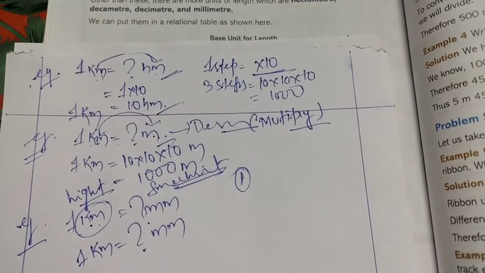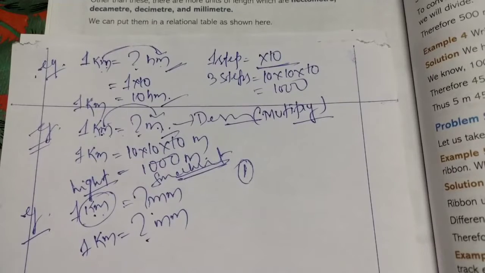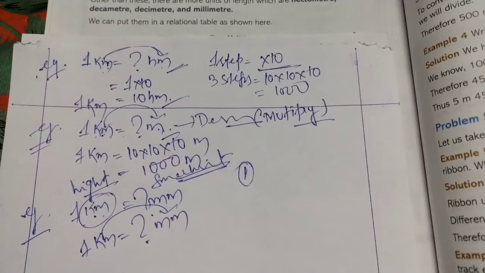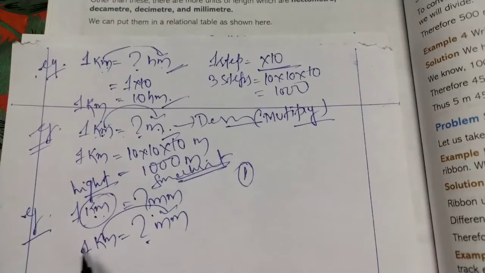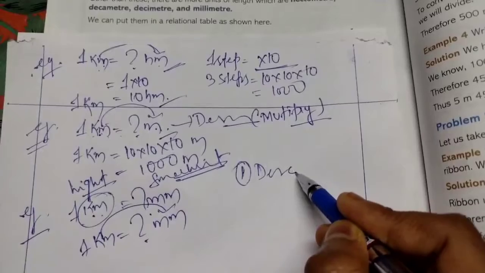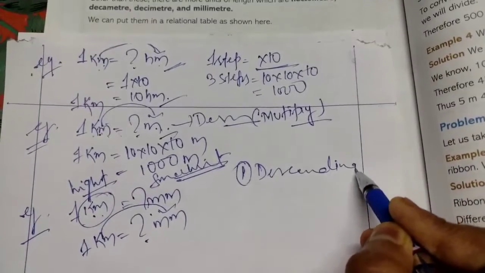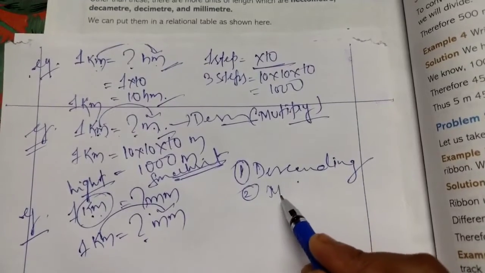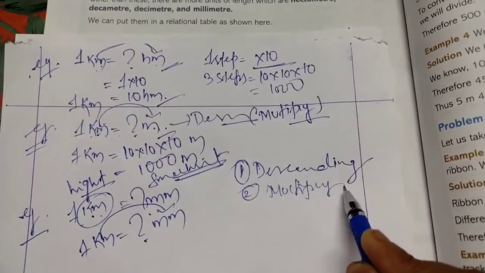In this case we are going to follow the descending order, because from kilometer to millimeter, as you know, kilometer is the highest unit for length and the millimeter is the smallest unit for length. So we are following the descending order. Descending order means you always have to do the multiplication. This thing is also clear.